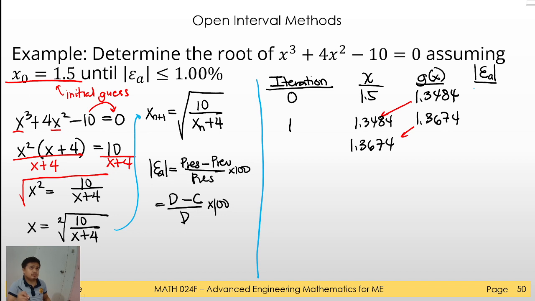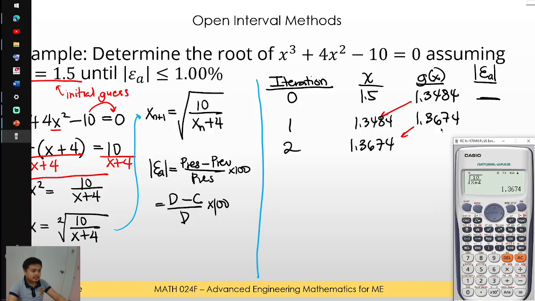the percentage relative approximate error, this is now your present and this is your previous to get this one. So this is a blank. So calculate this again using your calculator. We have here, let's input alpha D minus alpha C over alpha D times 100.